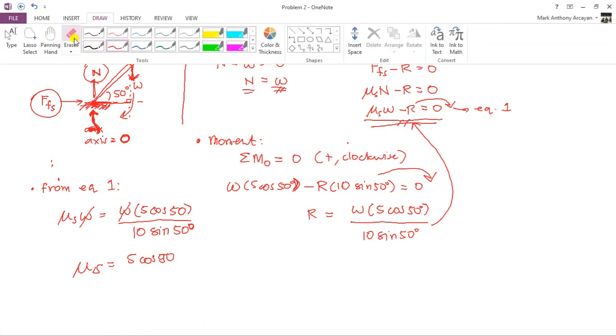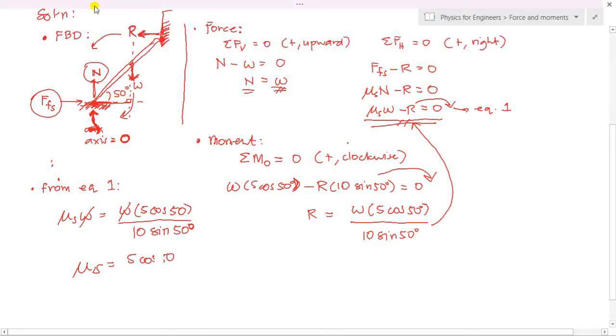So ating erase. So this is 5 cosine 50 all over 10 sine of 50. Or cotangent na siya class. Kay cosine og sine cotangent. That is 5 cosine 50 all over 10 sine of 50. And the final answer is approximately 0.42.